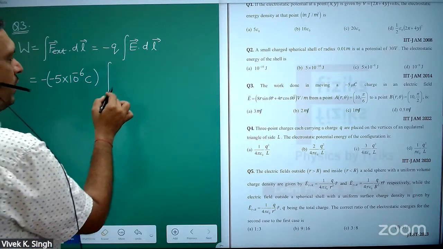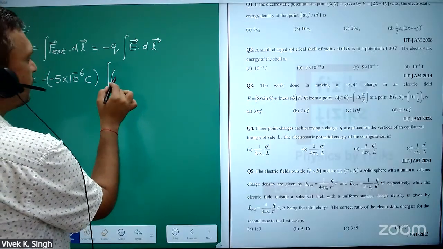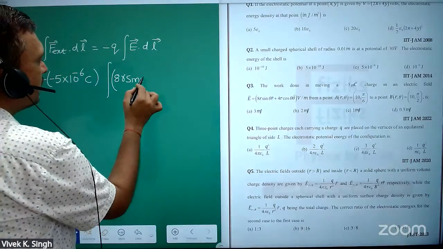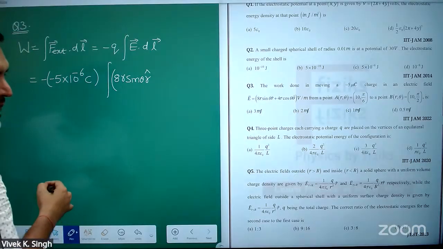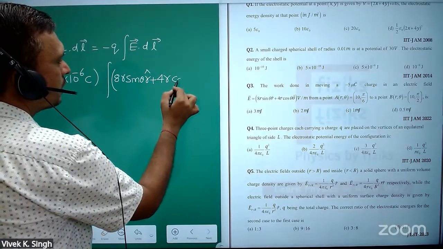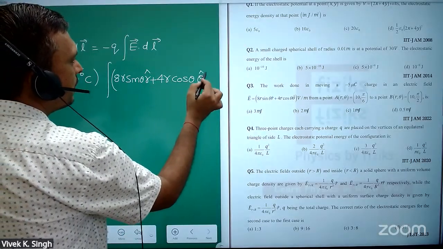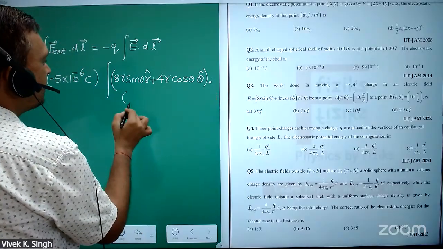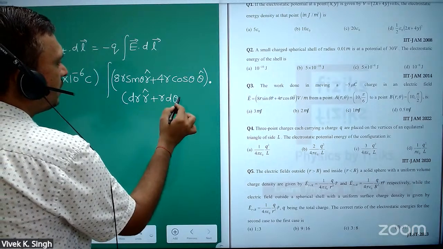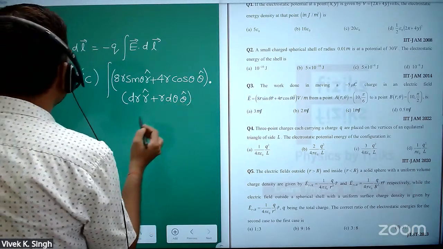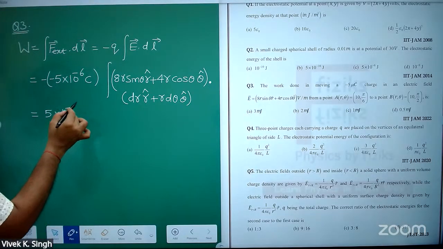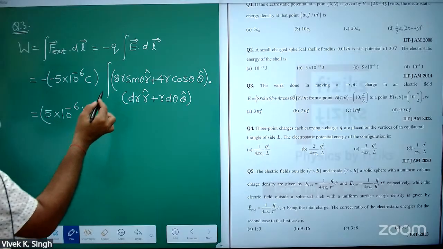What will be the electric field? Now I will take spherical symmetry. So this is 8R sine theta r cap plus 4R cos theta theta cap. dl in spherical symmetry is dr r cap plus r d theta theta cap. So you will get 5 into 10 to power -6 coulombs, and this will give you what?